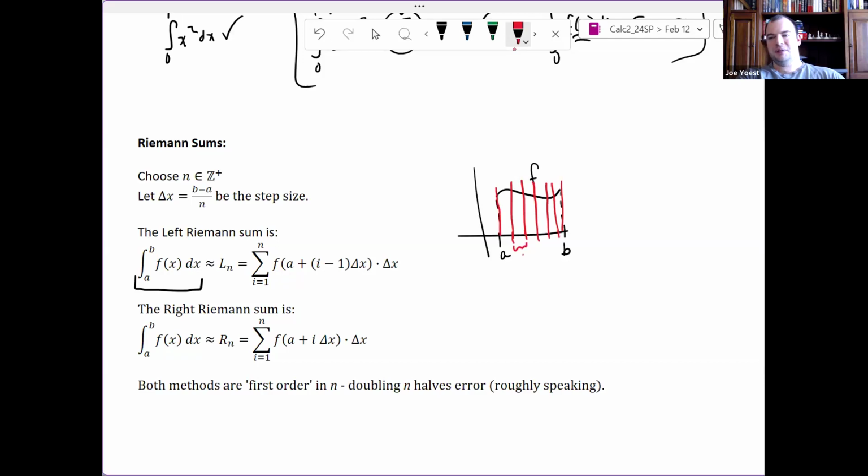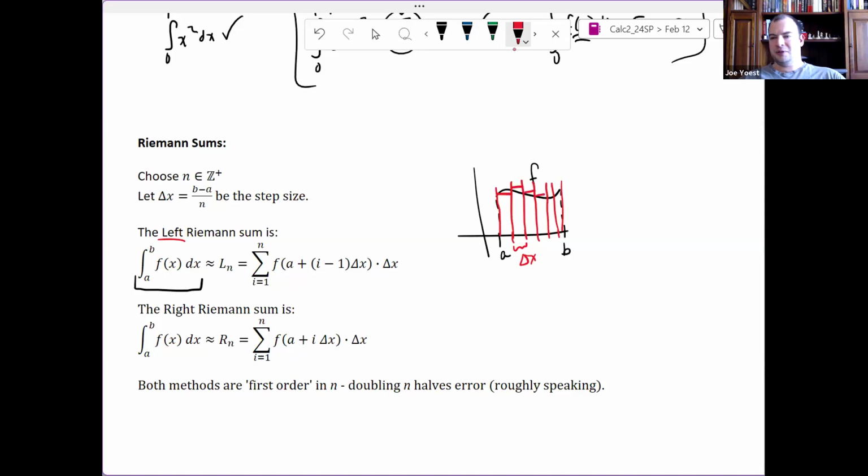We'll say that each subinterval has width delta x. And maybe for the left Riemann sum, above each one of these subintervals, I want to create a box. The box has base at the x-axis. It has the sides, or those two vertical lines on either side. And the height of it I'll set to be the left side function evaluation.